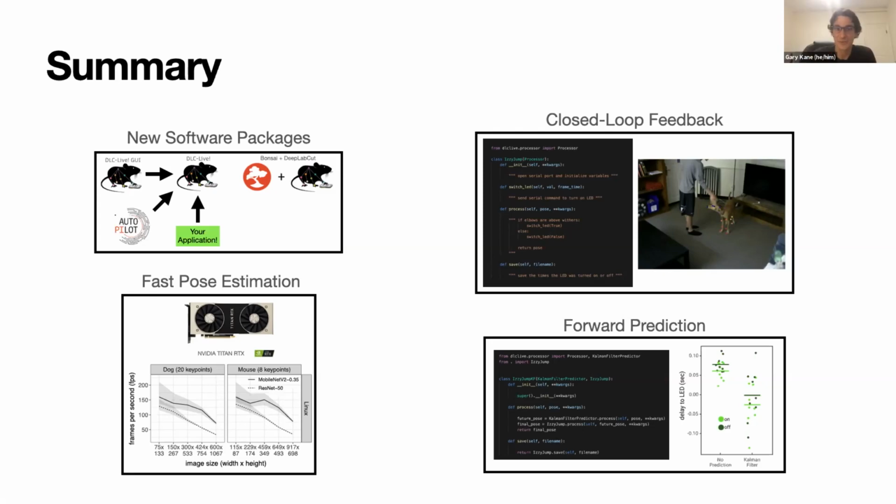Yes. I think the most important part of it, for the forward prediction aspect, is really just measuring the position, velocity, and acceleration. The position is what DeepLabCut spits out as the position on the latest frame.